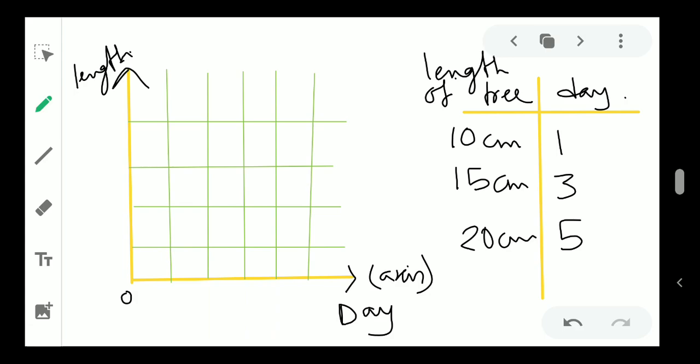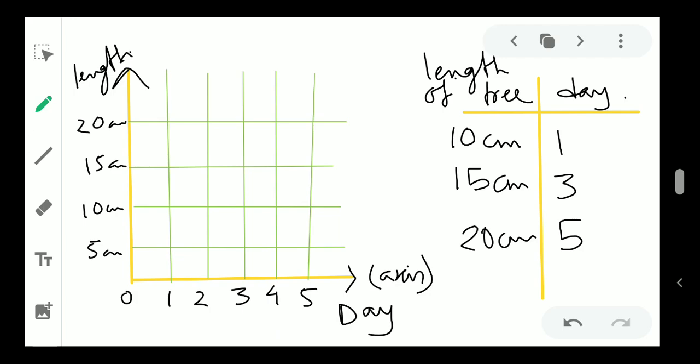Now I will write this is day 1, day 2, day 3, day 4 and day 5, and this is 5 centimeter, 10 centimeter. So I'm giving a distance of 5, which means the separation is 5 centimeter. So 10, then we have 15 centimeter, we have 20 centimeter.